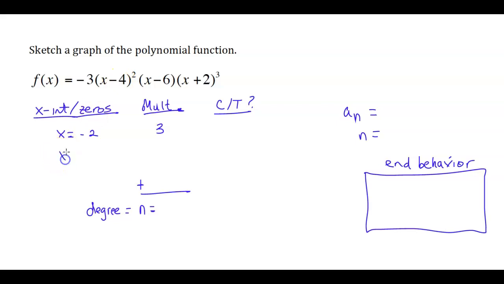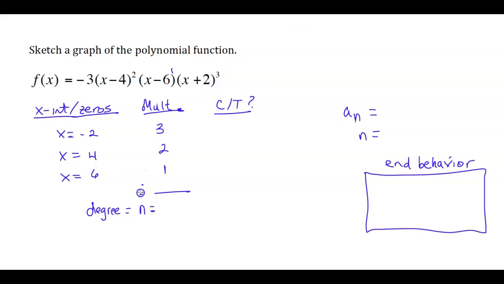We also have x equals 4, which has a multiplicity of 2, and of course we know that because of the exponent on the factor, and I don't have another x minus 4 or another x plus 2 anywhere, so I know that for x minus 4 and x plus 2 respectively, that's it. And then I have x equals 6, and that multiplicity, since I don't see anything, is an understood 1.